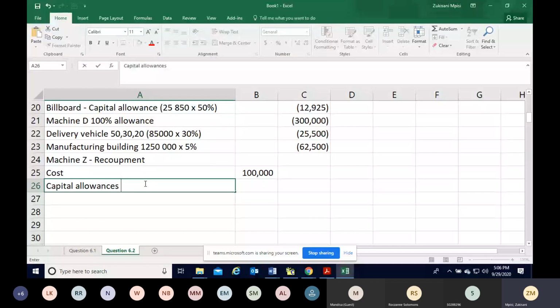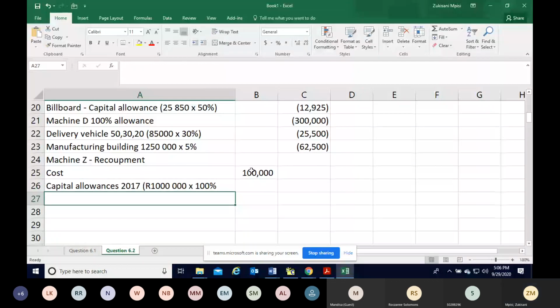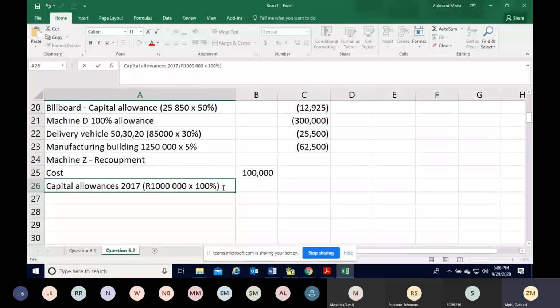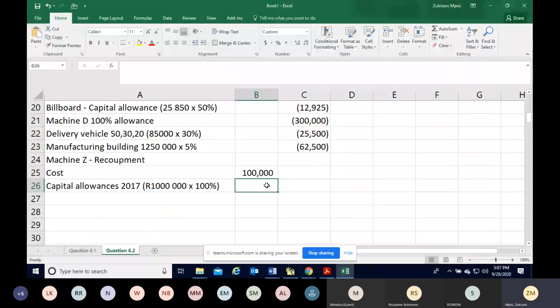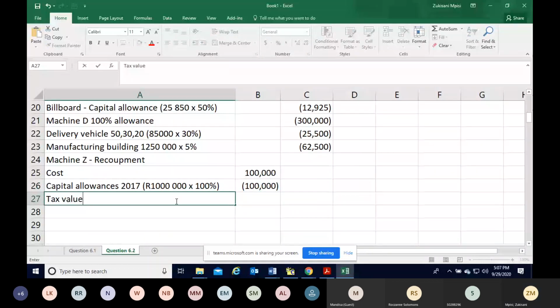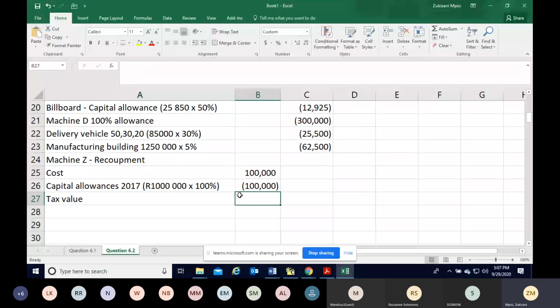So in 2017 already, you wrote off this machine at 100,000. Why? Keyword, it's a manufacturing machine. Which means that your tax value was nil.